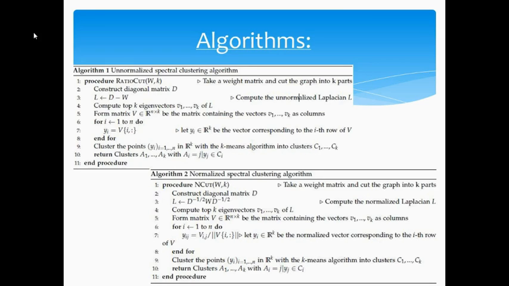Then from the matrix we take the eigenvectors as columns, and then in a loop we find the vectors y_i corresponding to the ith row of V. Finally, we return the clusters, and the same is employed in the normalized clustering algorithm but with slight variations. The normalized spectral clustering algorithm uses a different Laplacian matrix L and normalizes the eigenvectors before using k-means to cluster them into k partitions.